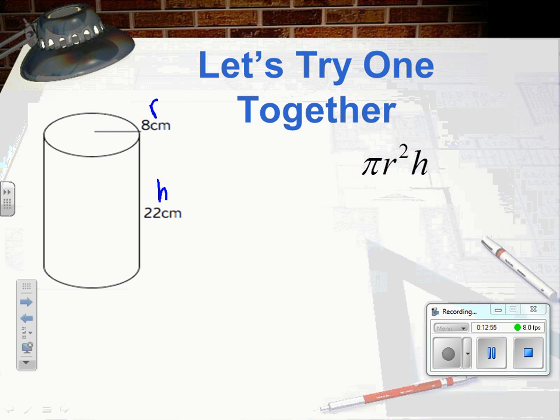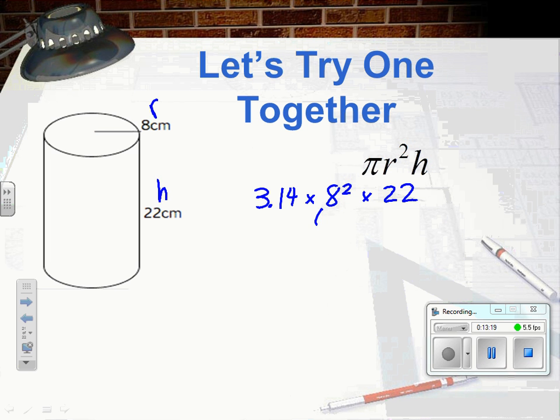I'm going to say 3.14 times. Now with decimals, I feel it's okay to sometimes use the times symbol, times 8 squared. That way our times signs and our decimals don't get confused. Times 8 squared times 22.